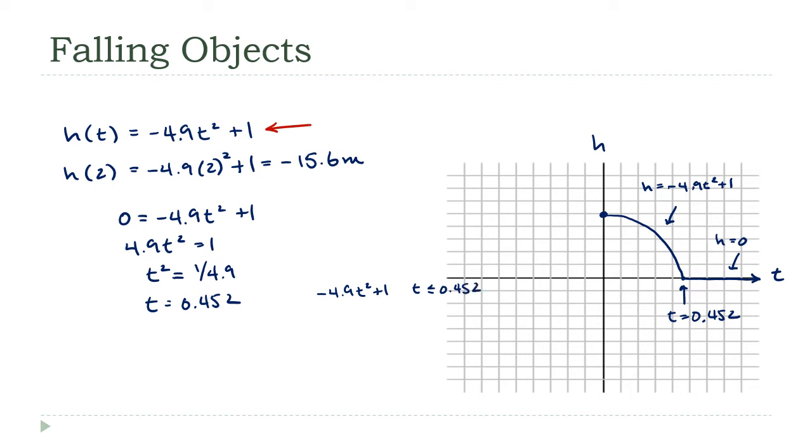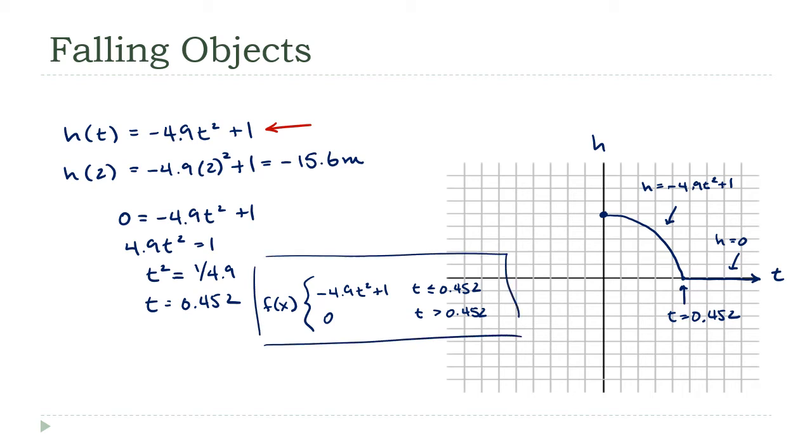And I'm going to say it's equal to 0 when t is greater than 0.452. And that is my new height function. A function that describes the height in both circumstances. This is what we call a piecewise defined function.